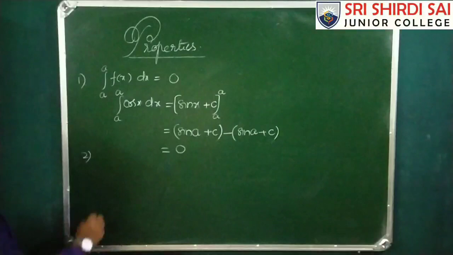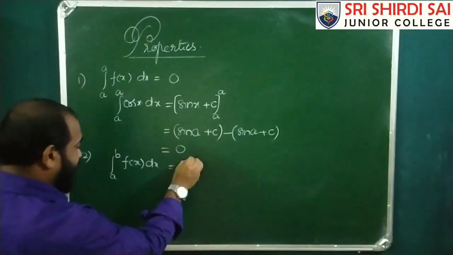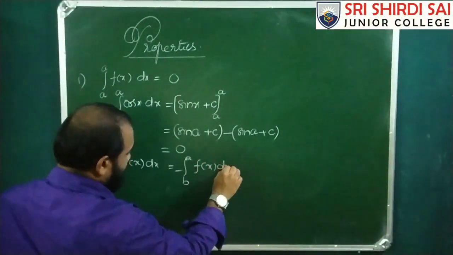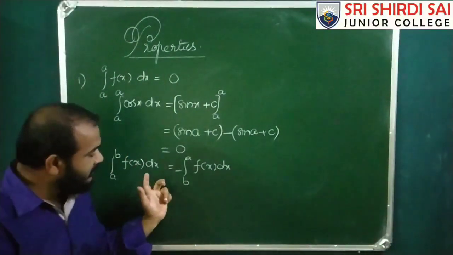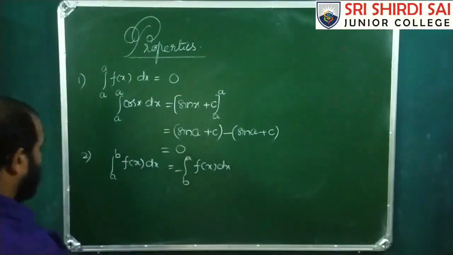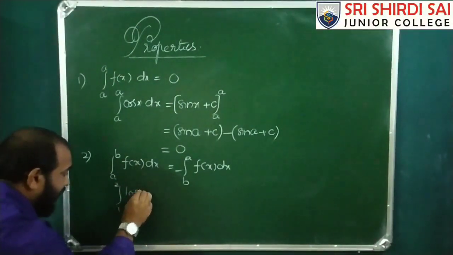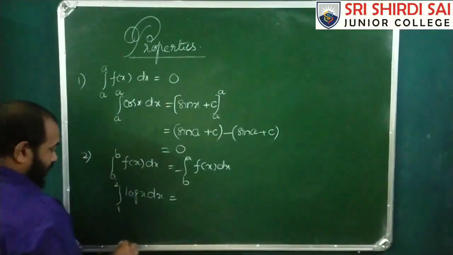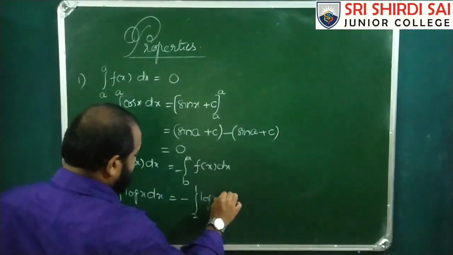Second property: integral a to b of f of x dx is equal to minus integral b to a of f of x dx. So whenever the limits are interchanged, it differs by an opposite sign. For example, if you take integral 1 to 2 of log x dx, this is equal to minus integral 2 to 1 of log x dx.